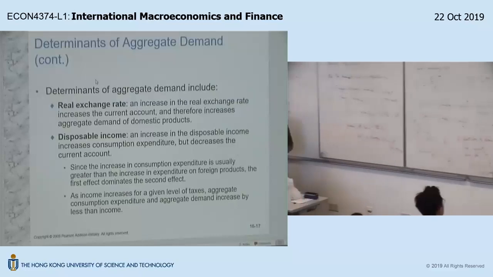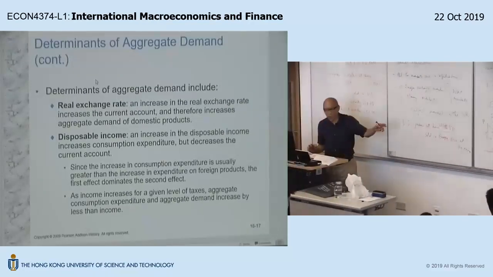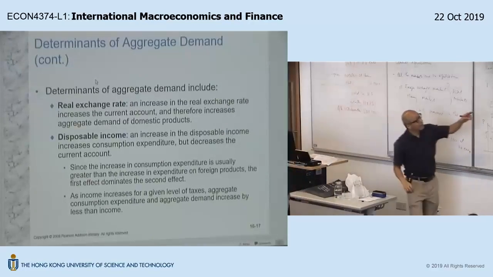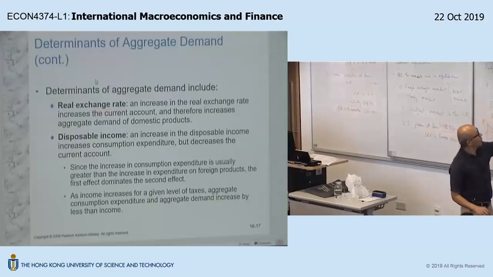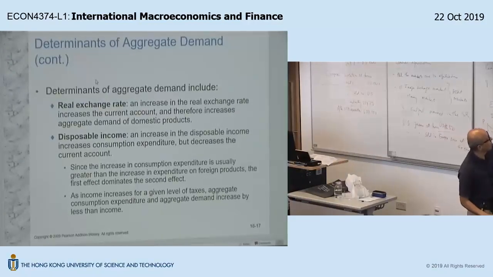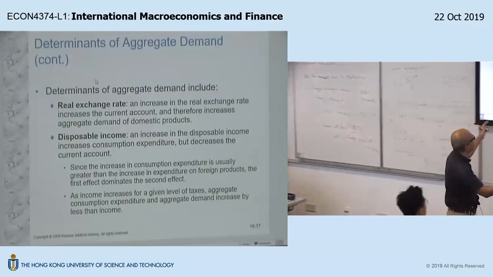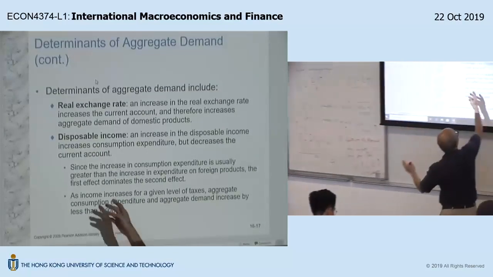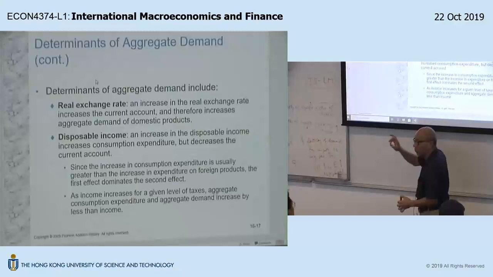In terms of aggregate demand, we include the real exchange rate and disposable income. We already talked about it. But disposable income actually has two effects.